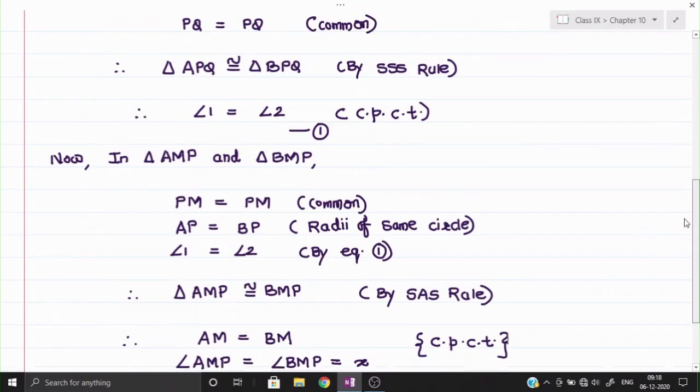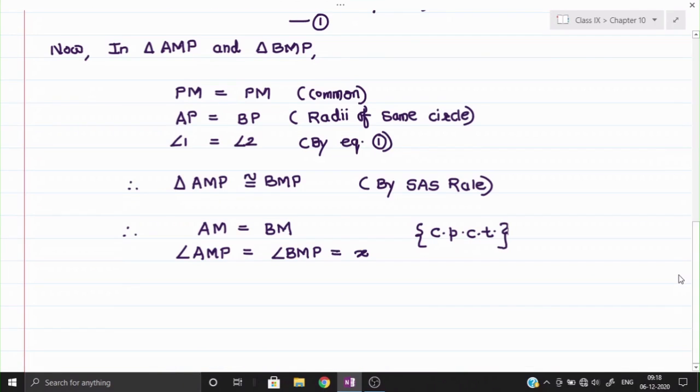So we shall write down further, since angle AMP plus angle BMP is equal to 180 degree. Here the reason we can give is linear pair.